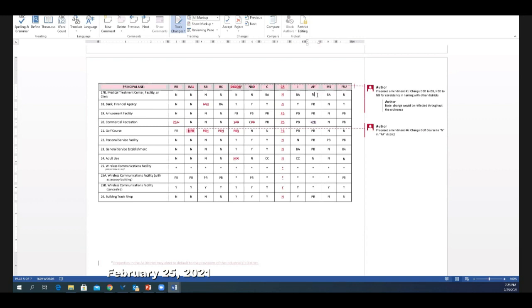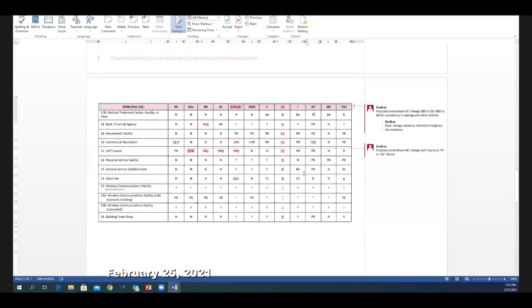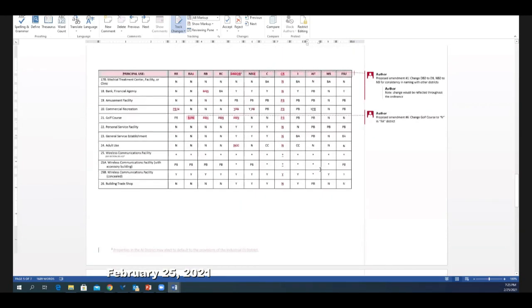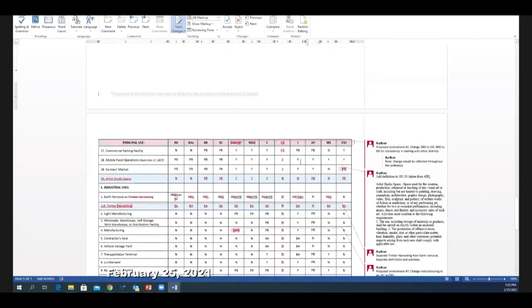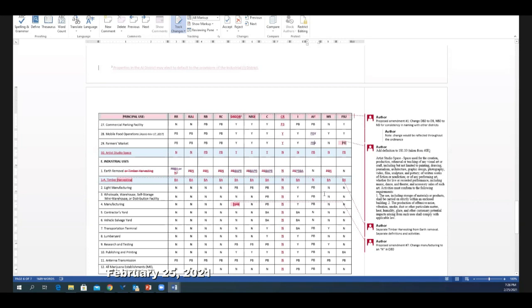So the last one is just mobile food operations. That was a straight yes, whereas everything else seemed to be planning board. So here we go. Yeah, that should just be a planning board. And actually the same goes for a farmer's market. Nothing should be allowed by right in the AI district because theoretically you would use the industrial designation. Okay, that's all my questions.